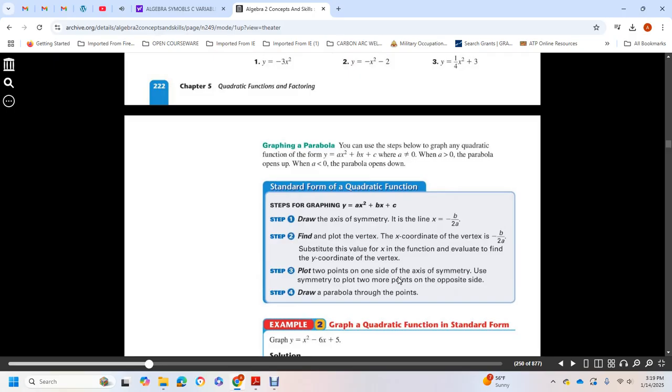The x-coordinate of the vertex is negative b over 2a. Substitute this value for x in the function and evaluate it to find the y-coordinate. Step 3, plot two points on one side of the axis of symmetry. Use symmetry to plot more points on the opposite side. Step 4, draw the parabola through the points.